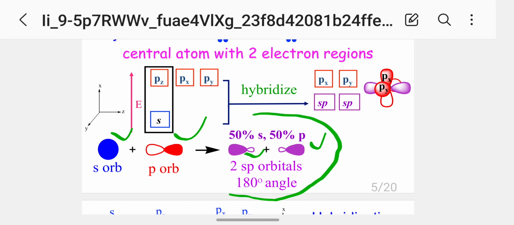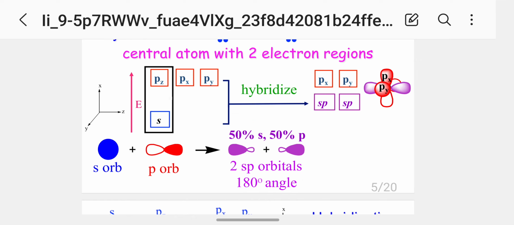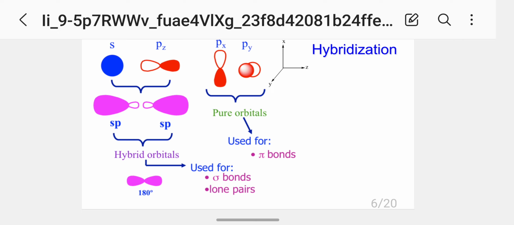In the equation, the circle position of the written form of the central atom with 2 electron regions will express that we will have 50% s character and 50% p character being combined and forming 2 sp orbitals with an angle of 180 degrees. Hybridization will happen likewise: s, Pz, Px and Py, 1 sp will combine with another sp.